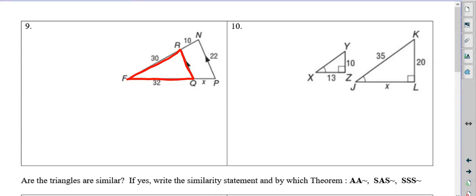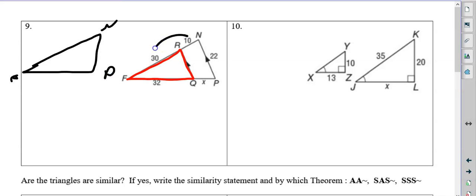But the bigger one, since our numbers are a little bit different, I like to bust this out like so. So here's F, here's N, and here's P. Okay, so FN is 30 plus 10, which is 40. This is still 22. And this is 32 plus x.